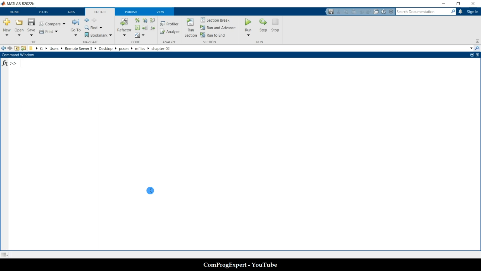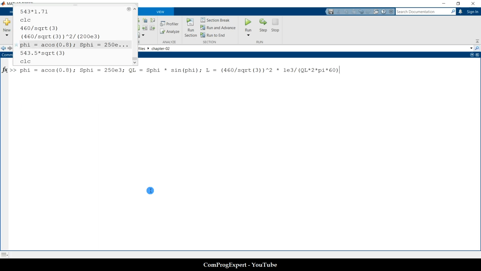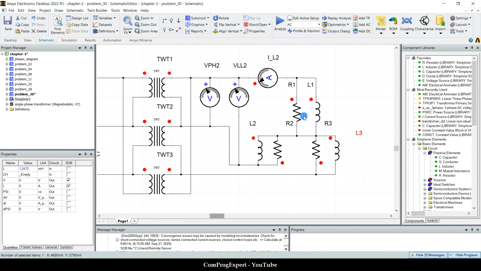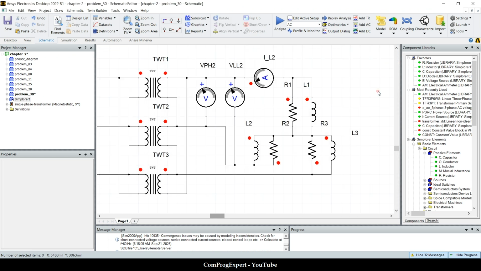I used this equation here, this one. This is the value of the resistance. I used this number here, here, and here to get 600 kilowatts active power.